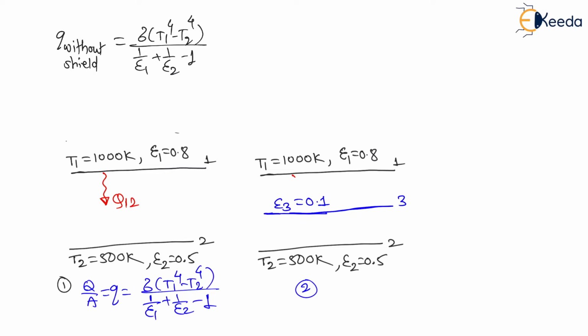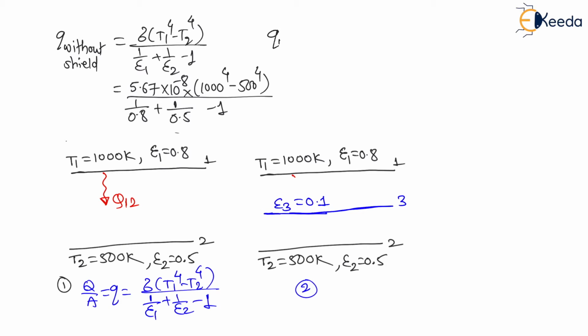So let us find it. The Stefan-Boltzmann constant sigma is 5.67 times 10 to the power minus 8, T1 is 1000, T1 to the power 4 minus T2 is 500 to the power 4, divided by 1 upon 0.8 plus 1 upon 0.5 minus 1. Q without shield is 53156.25 watt per meter square.